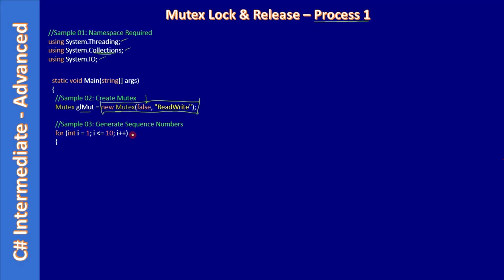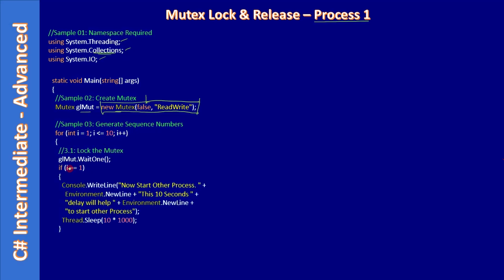Then we are running an outer loop, and this loop runs for 10 times. So GL mute dot WaitOne. That means in the WaitOne, it performs two tasks. One is it tries to acquire the lock, and if the lock is already acquired, then the process will wait here.